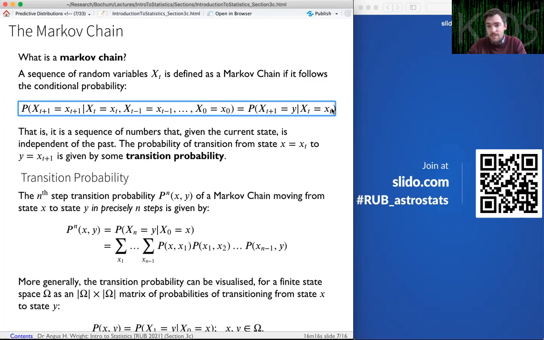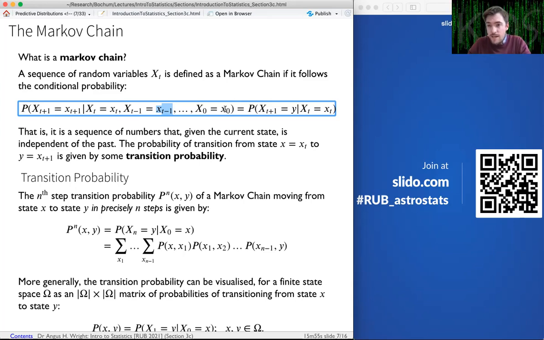That is to say, the previous locations, x t minus 1, t minus 2, t minus 3, all the way through to x 0, have no influence over the probability of stepping to the next place.